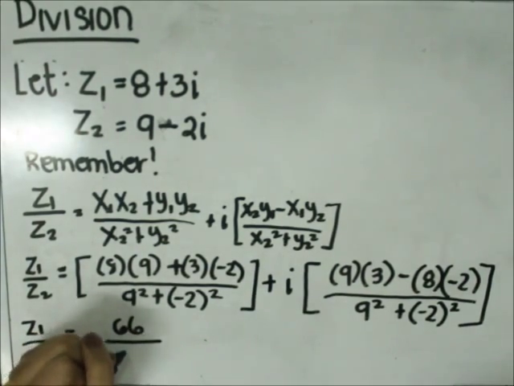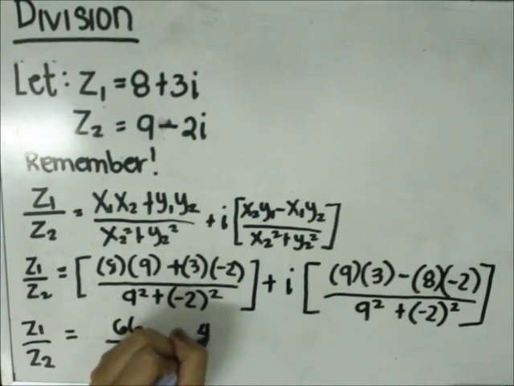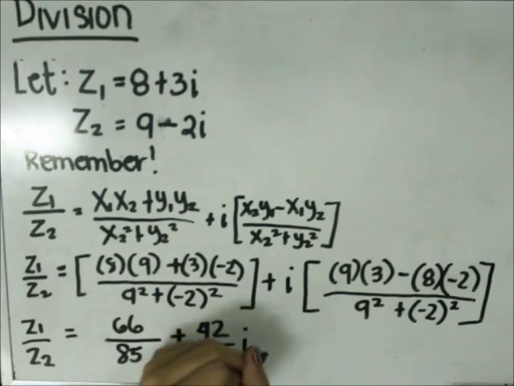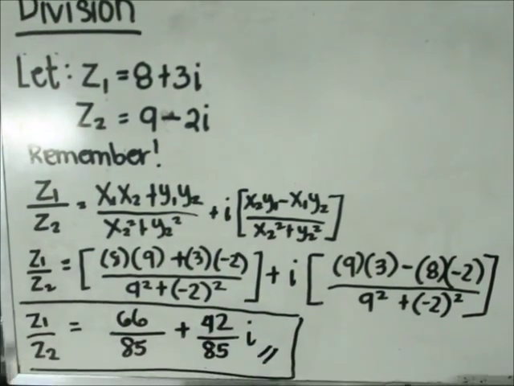By evaluating, we get 66 over 85 plus 42 over 85i.